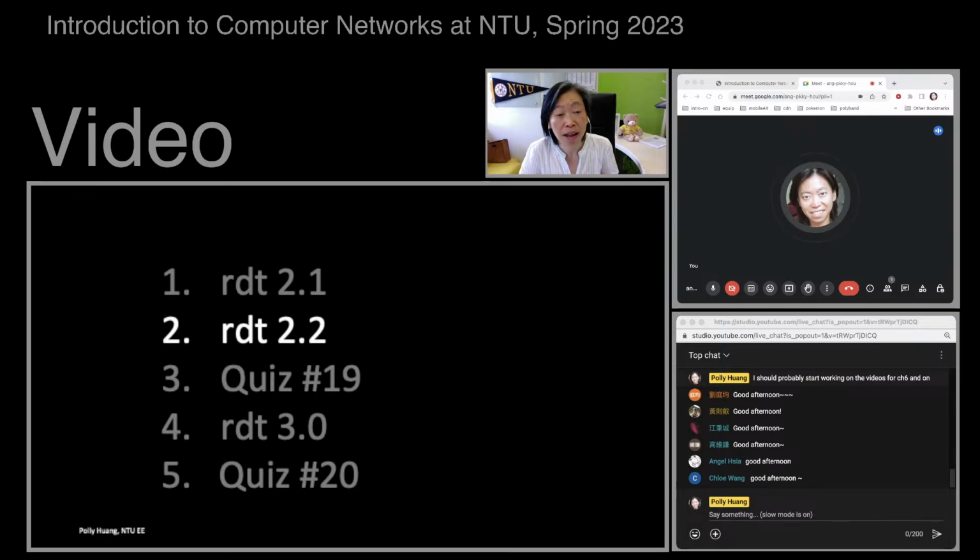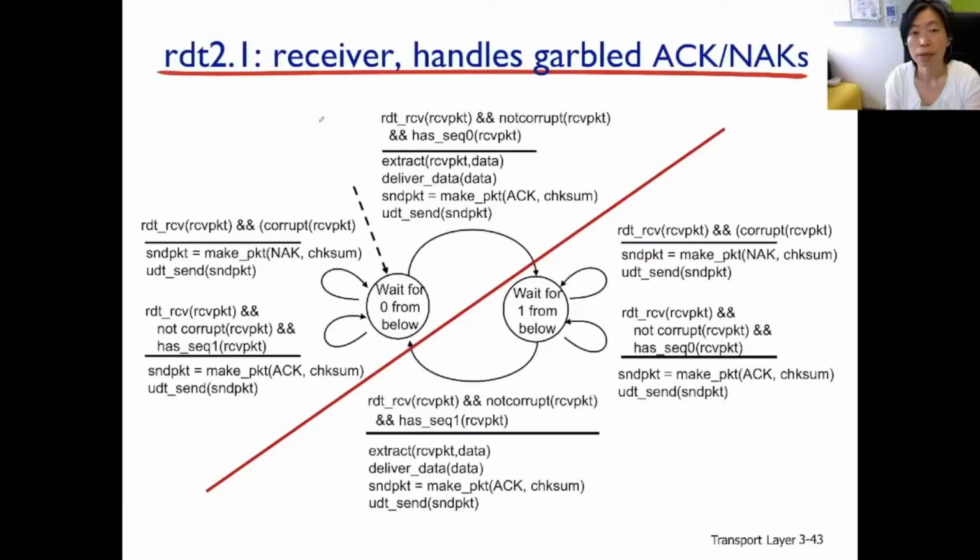Okay, so now let's check out the finite state machine of RDT 2.2, and this time we'll start by looking into the receiver side. Now let's try to develop RDT 2.2's finite state machines. Here we will borrow from 2.1 and start from the receiver side.